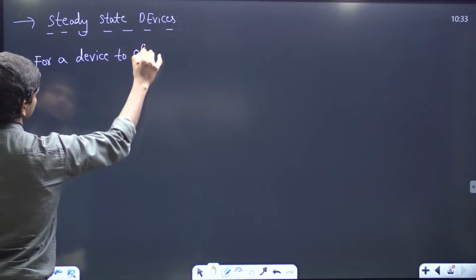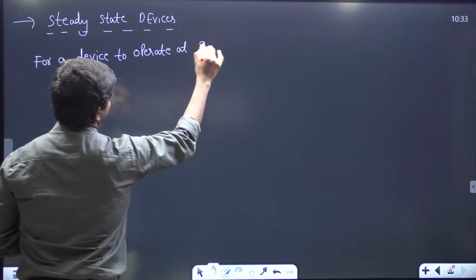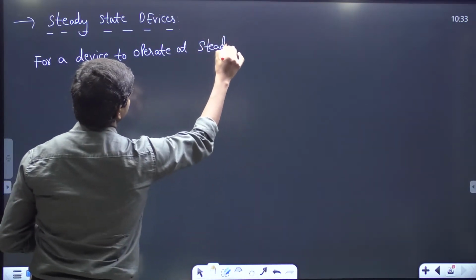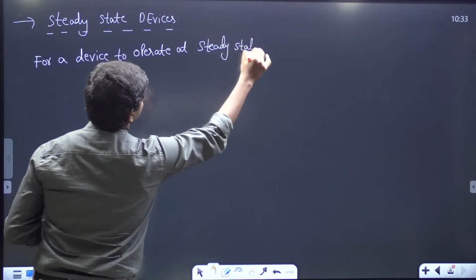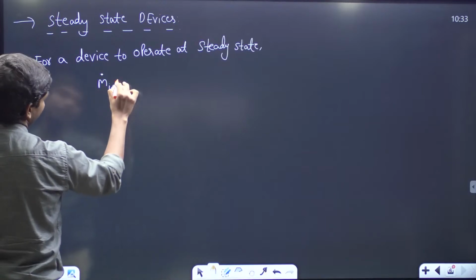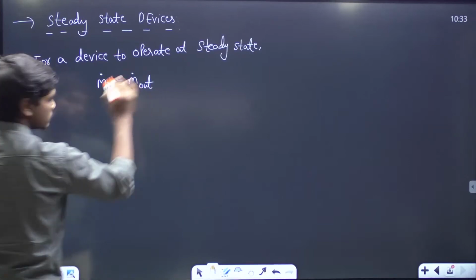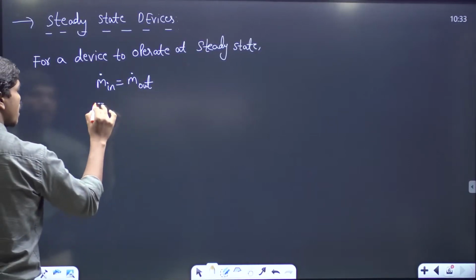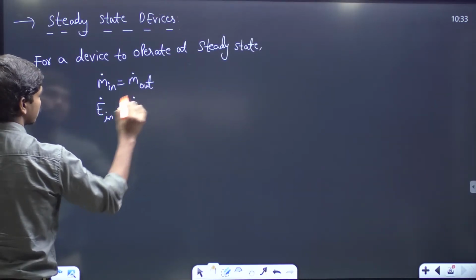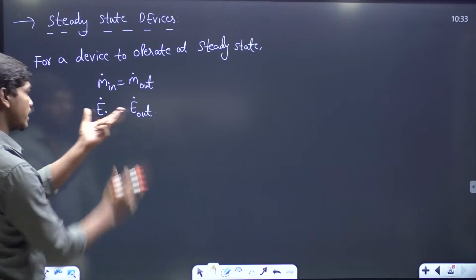For a device to operate at steady state, m dot in should be equal to m dot out. Correct? Next, energy dot in should be equal to energy dot out. Correct? So let us enlarge this equation.